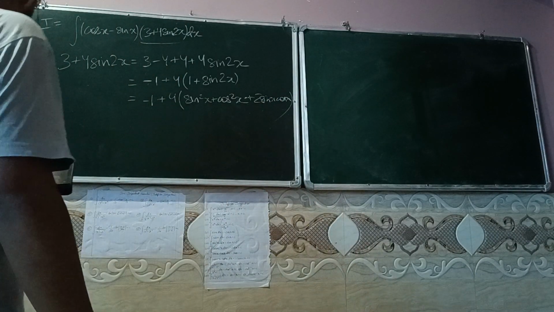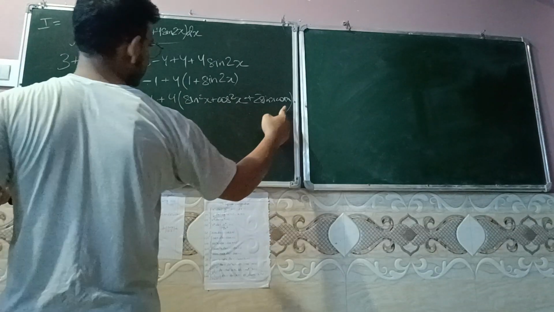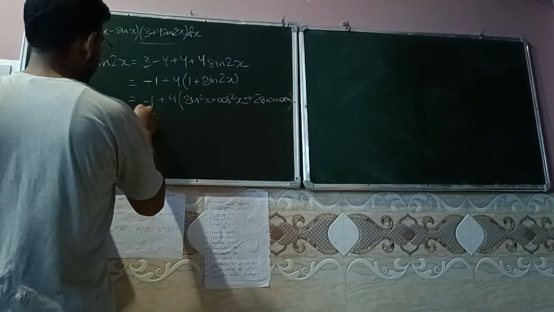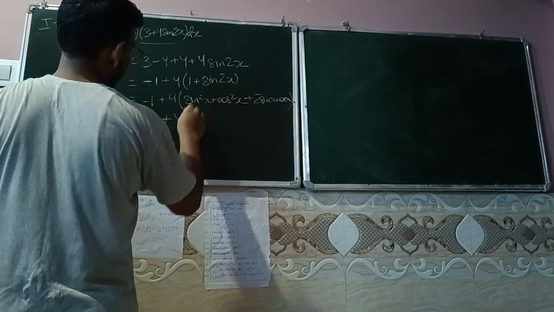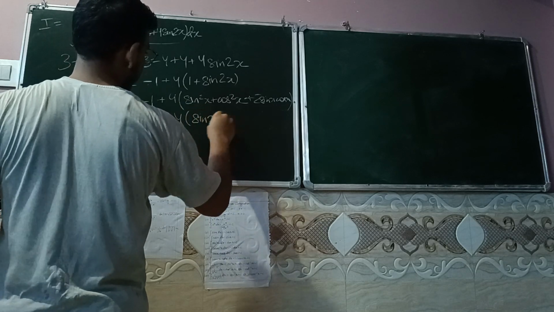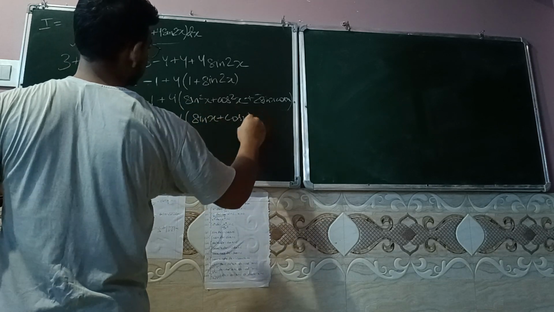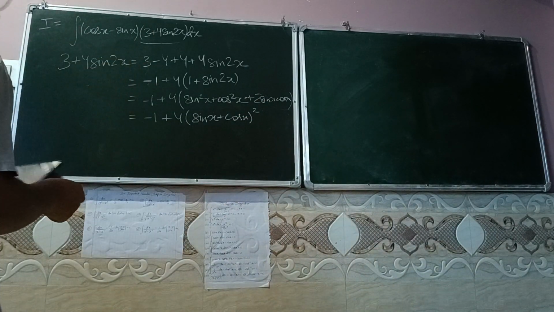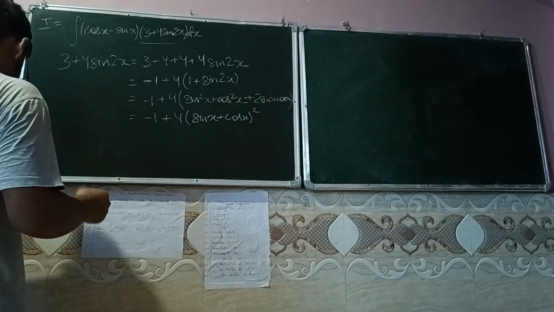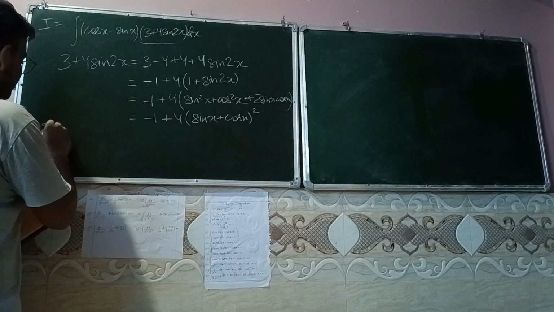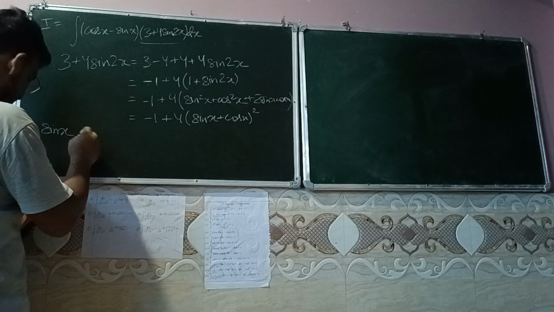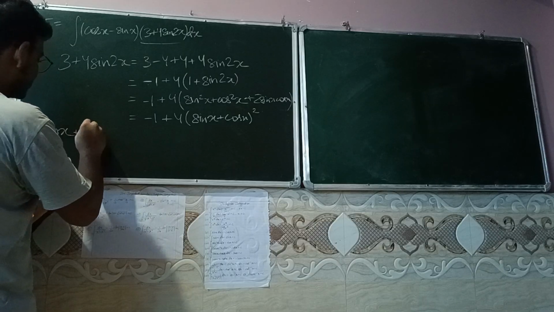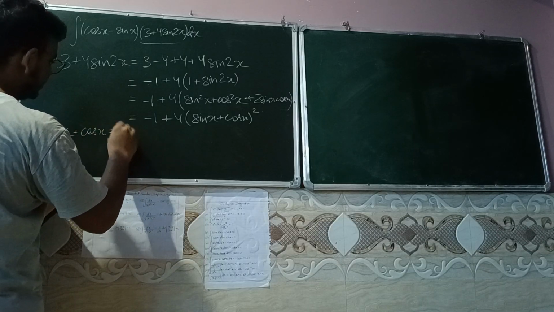And now what is this? This is the whole square formula. So minus 1 plus 4 times (sine x plus cosine of x) whole squared. He wrote it like that. And now he is substituting sine x plus cosine of x equals t.